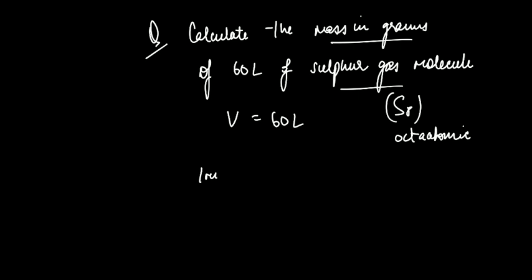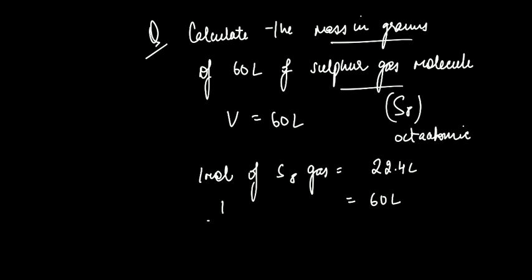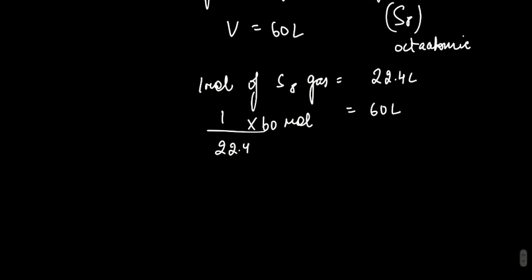So 1 mole of sulfur S8 gas will occupy 22.4 liter. 60 liter will be equal to how many moles? 1 divided by 22.4 into 60. So again, I'm going to keep it like that. Then 1 mole of S8 molecule is equal to how much weight?